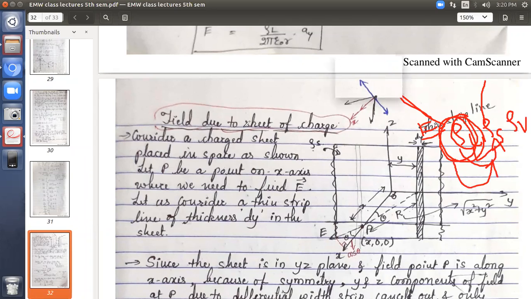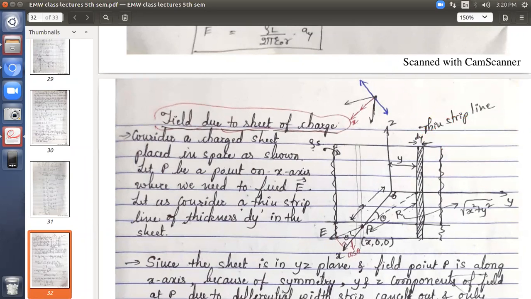Yeah, remember this. Since we have to go with the surface area, because rho S has to be found out, we should deal with rho S, the surface charge density. But if you see here, let us consider a thin strip. So you might wonder, we have a sheet of charge.